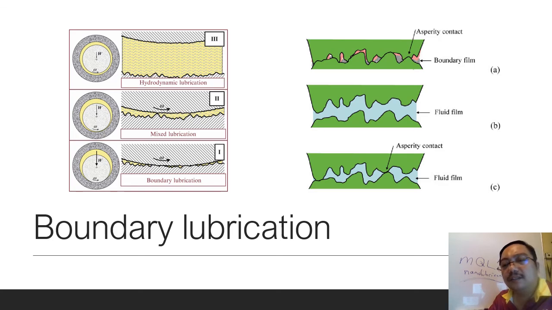Okay, so these are some pictures I took from Google about boundary lubrication. You see here the difference from hydrodynamic lubrication in the first slide. You see the oil is plentiful. Now in boundary lubrication, the lubrication is very minimum.